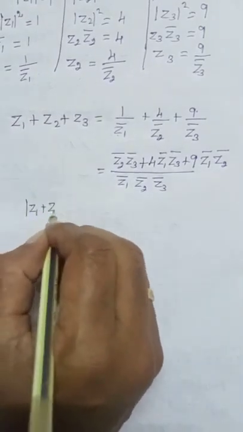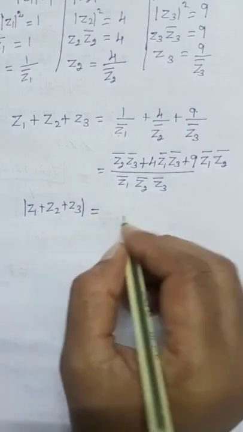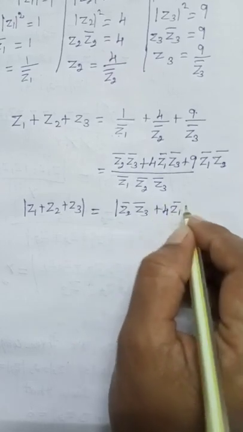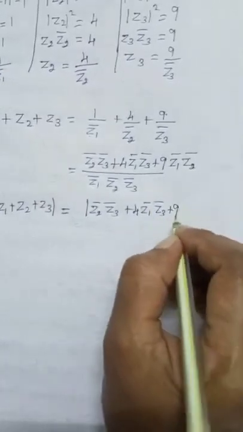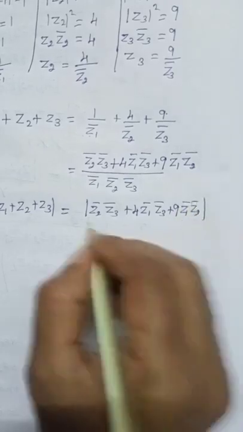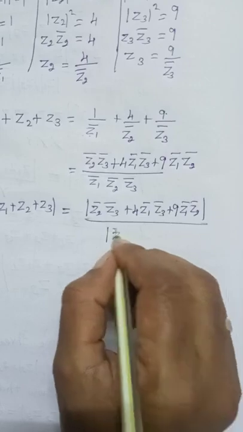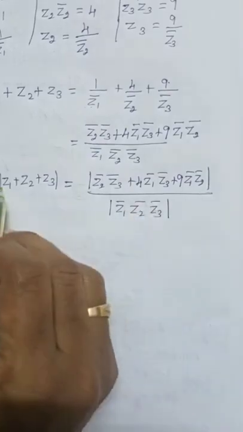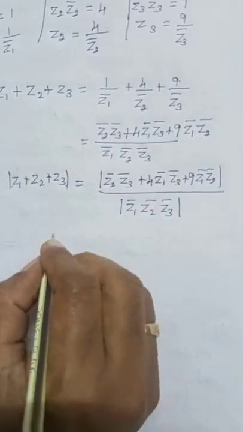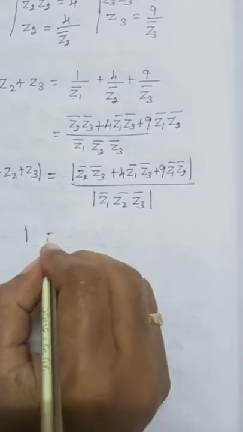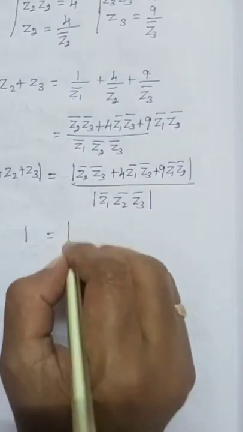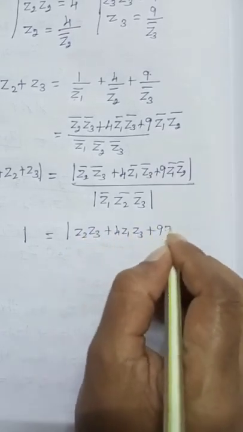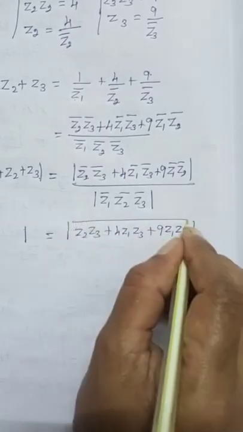So modulus Z1 plus Z2 plus Z3 is equal to modulus Z2 bar Z3 bar plus 4 into Z1 bar Z3 bar plus 9 into Z1 bar Z2 bar divided by modulus Z1 bar Z2 bar into Z3 bar. And this they gave the value is equal to 1. So I am substituting 1 is equal to, and this is modulus Z2 Z3 plus 4 into Z1 Z3 plus 9 into Z1 Z2 the whole bar.